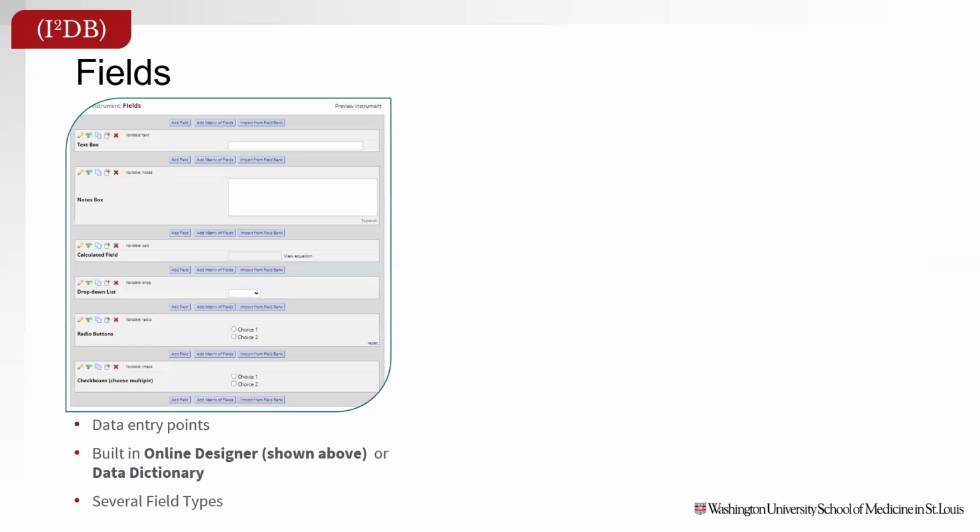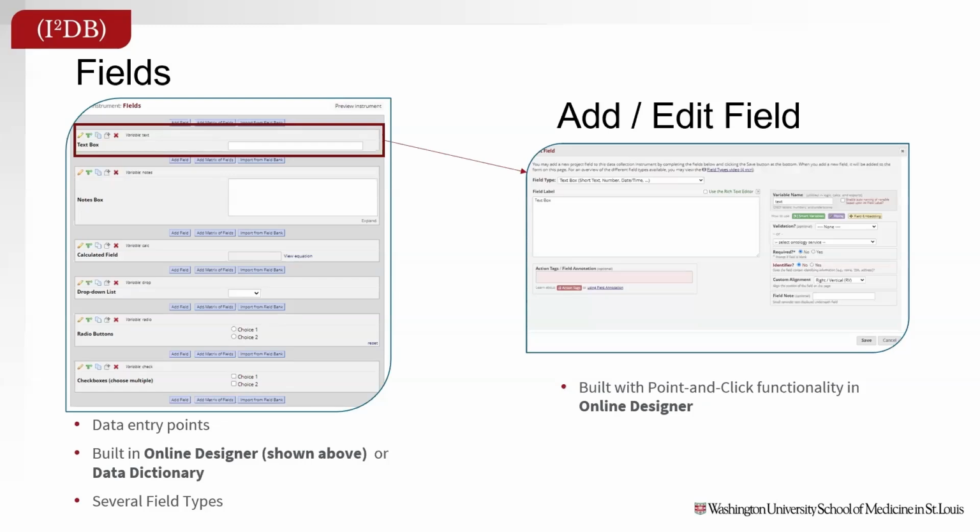All right, and when you build the instruments, as I mentioned, you're building a series of data entry points, and it's mostly done with point and click functionality. So when you create fields looking like this, you basically just get a little dialog box where you enter some basic information, and you can create fields to collect any data that you want.